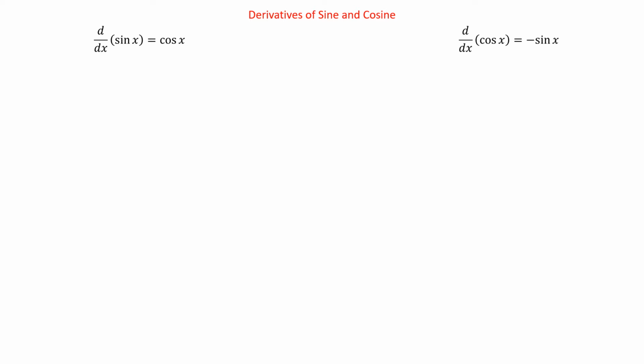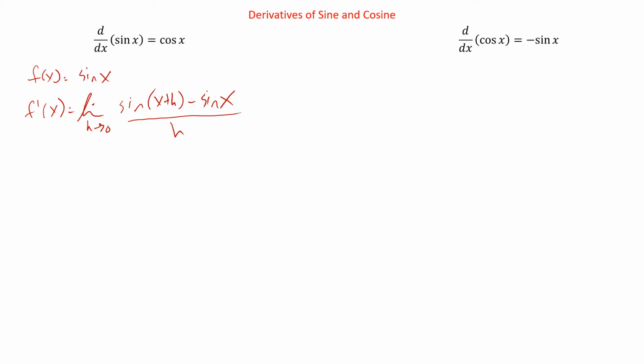So we're going to say f of x equals sine x. So the derivative will equal the limit as h goes to 0 of sine of x plus h minus sine x all over h.